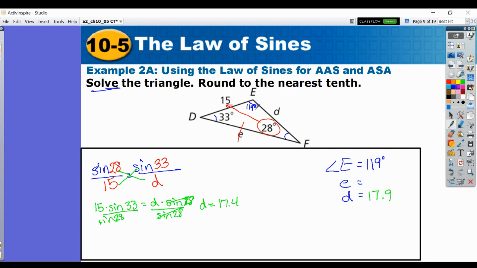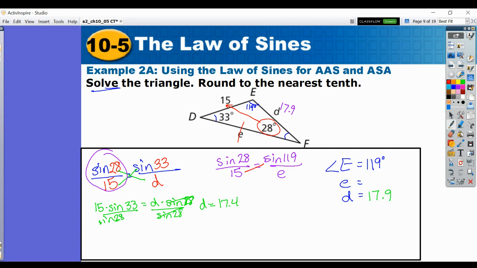Now, in order to find the other missing side, I cannot use the Pythagorean theorem because I don't have a right triangle. So I have to basically just do the same setup again. I already have sine 28 over 15. That's given in the problem. This time I'm going to use the 119 degrees that I found over E, cross multiply, divide, and I will have my answer.